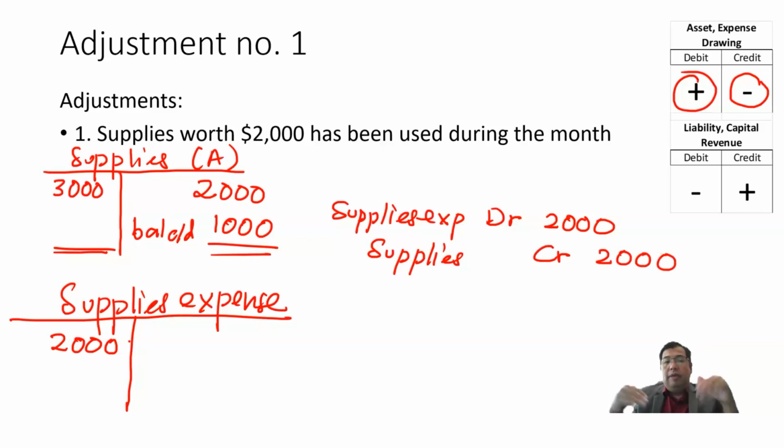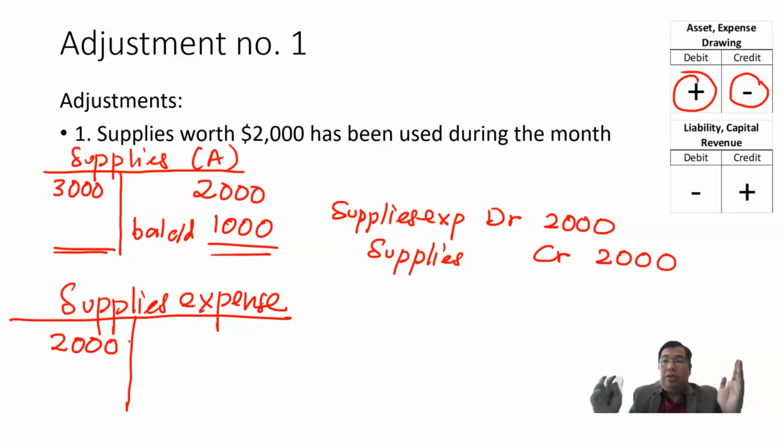If the question says that the supplies left in your stock in your office is only 2,000, it means you used 1,000. But in this question, it clearly states that the supply used, the supply expense incurred, the amount is 2,000. So that's why your balance of supply is 1,000.